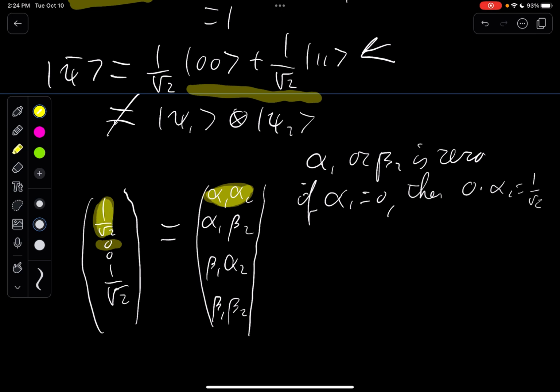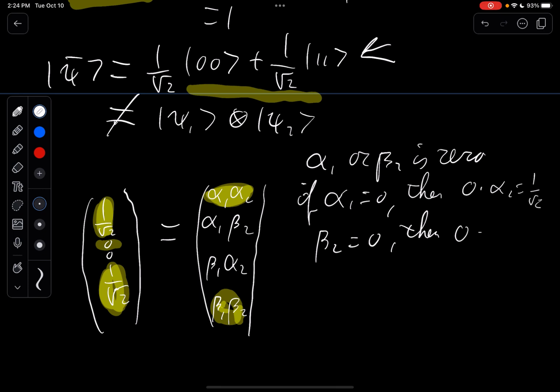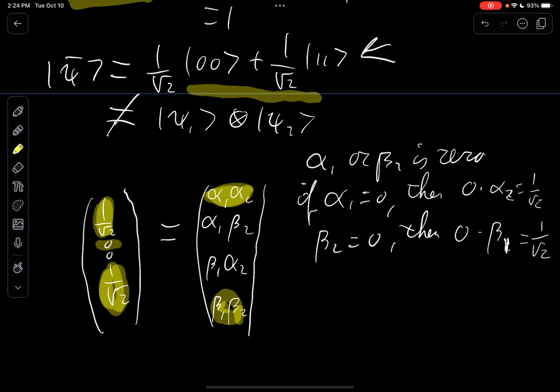But that's not possible, so then let's look at the other case. Well, then maybe beta 2 is 0. But then we run into the same thing. Now we see here, hey, we multiply some number with a 0 number, beta 2. So this last entry should be 0, but we see here that this entry here is non-zero. So we get in both cases a contradiction. Right, this is a contradiction, and this is a contradiction.